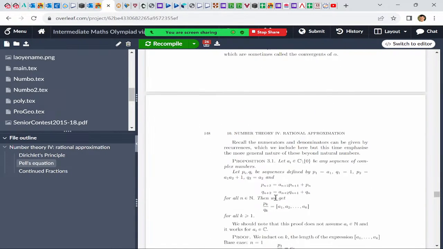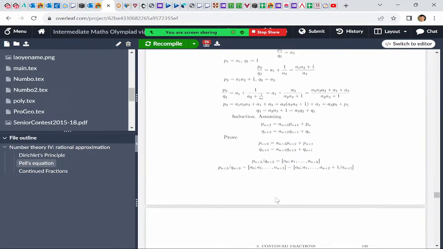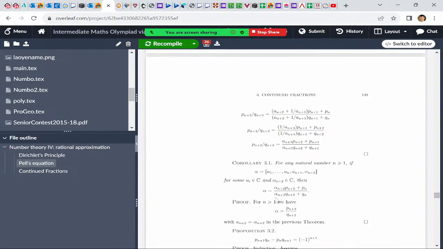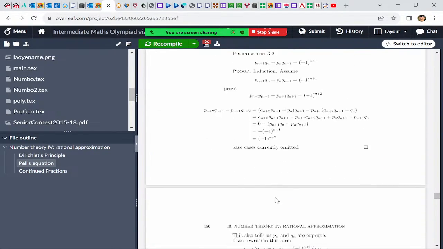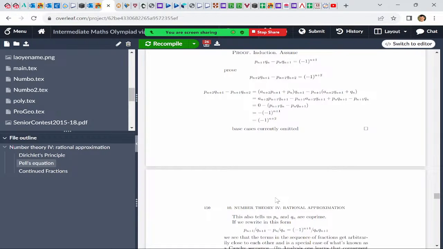We also proved that in a continued fraction for root n, every time you have a period, that fraction gives you plus or minus 1 as a solution for Pell's equation, okay?